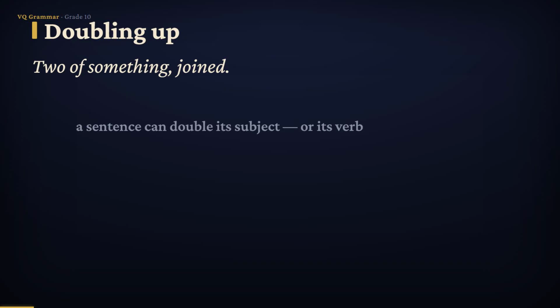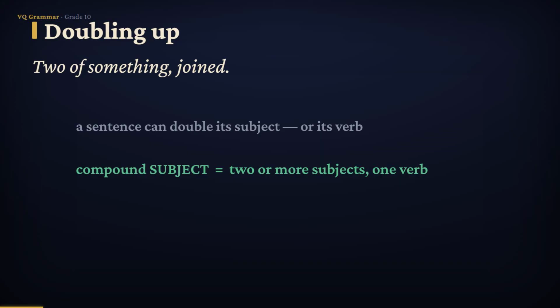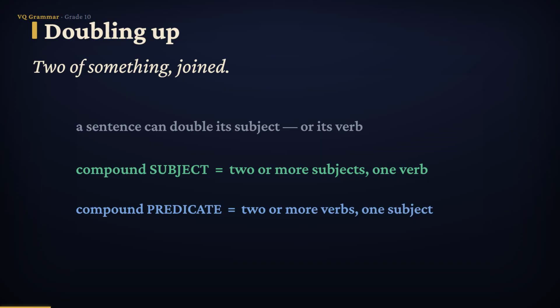A sentence can double its subject, or it can double its verb. When it doubles the subject, we call it a compound subject, two or more simple subjects that share the very same verb. When it doubles the verb instead, we call it a compound predicate, sometimes a compound verb, two or more verbs that share the very same subject.